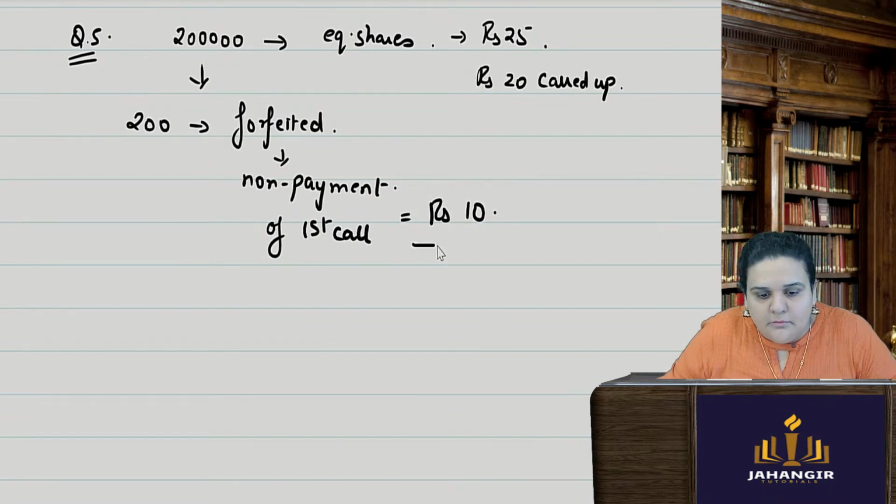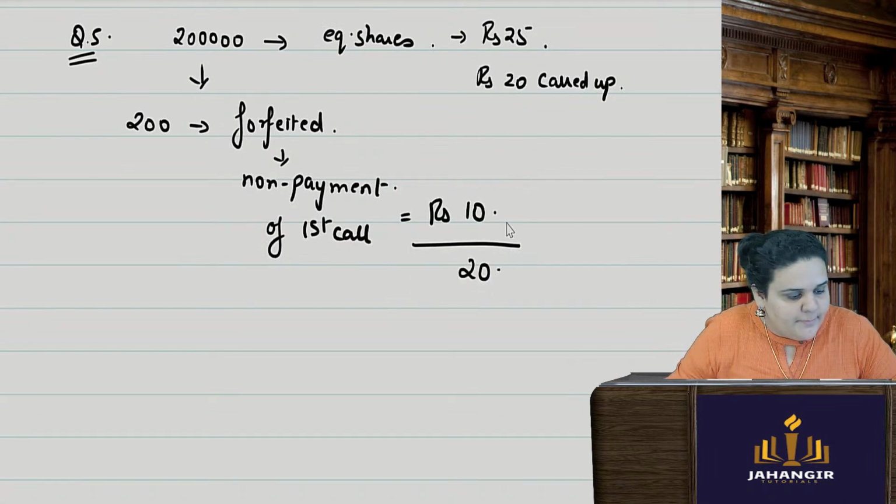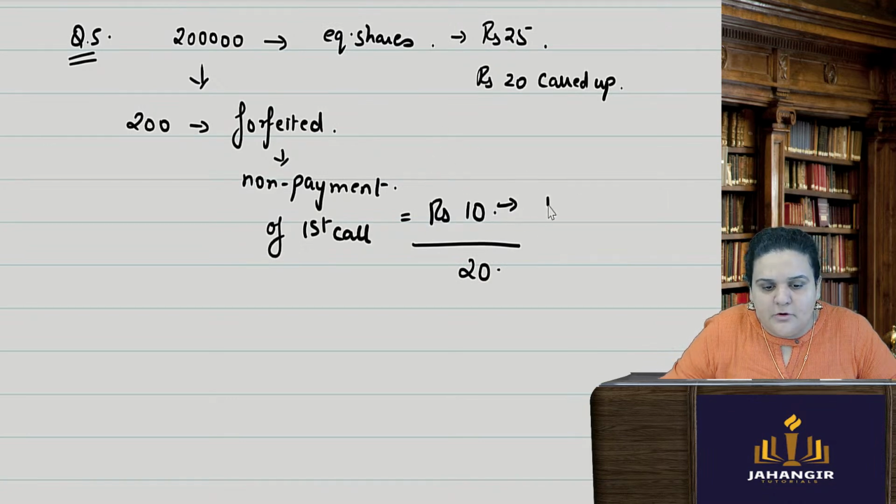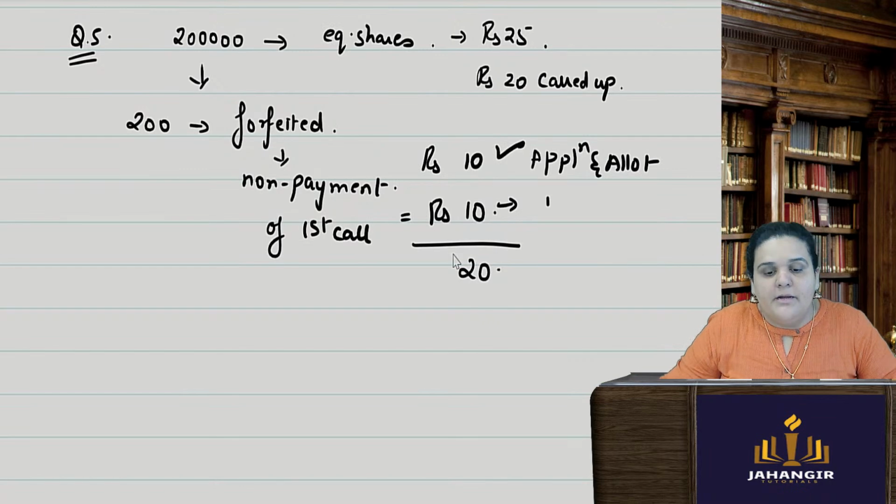So total called up is 20. Rupees 10 will be on the first call, and application and allotment together would have been 10 rupees. This he paid, but the 10 rupees of first call he is not paying.